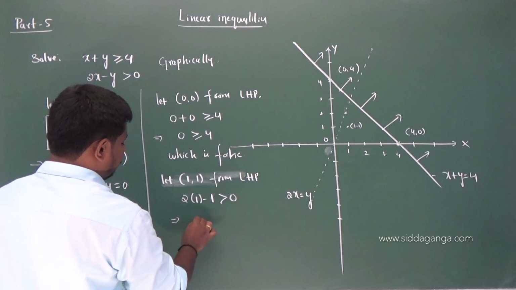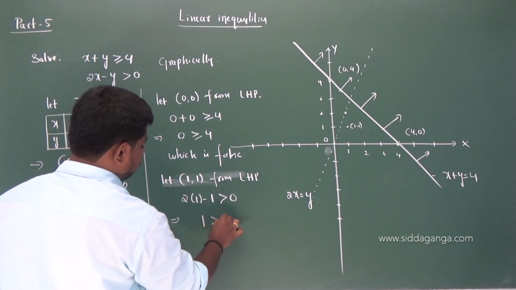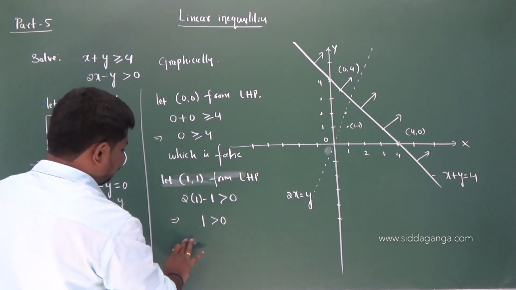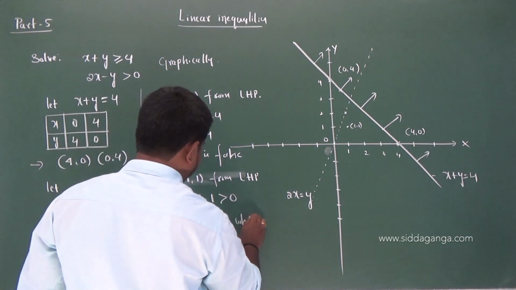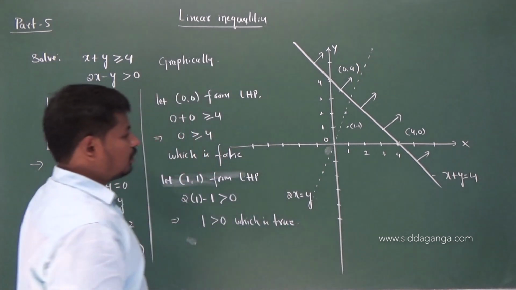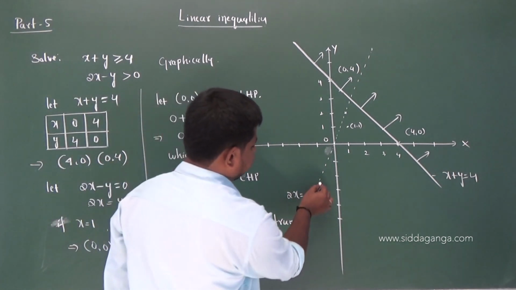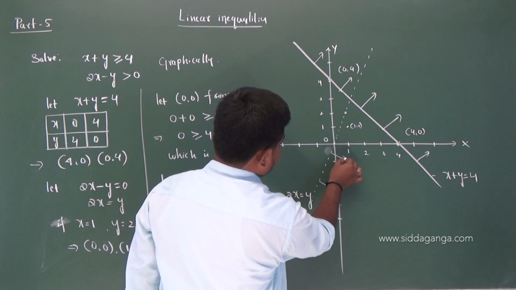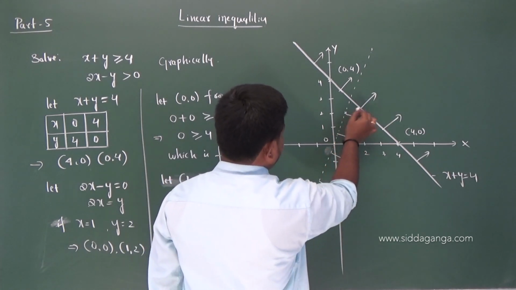This gives 2 minus 1, that is 1, is greater than 0, which is absolutely true. So the solution region is the lower half plane. This is the solution region of this inequality.